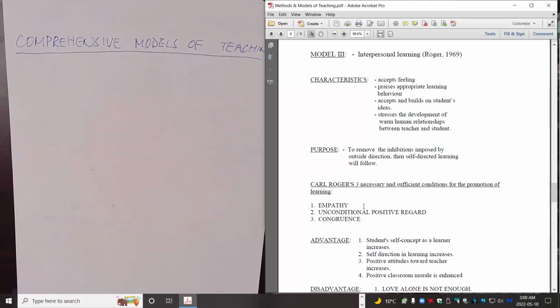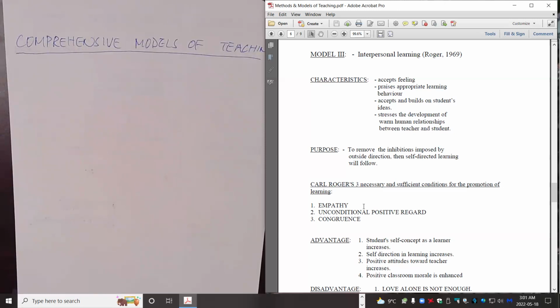Now remember, Carl Rogers was a very successful and highly admired clinical psychologist. He was termed the kindest clinical psychologist or counselor in the history of psychology. Okay? He is a very kind person.